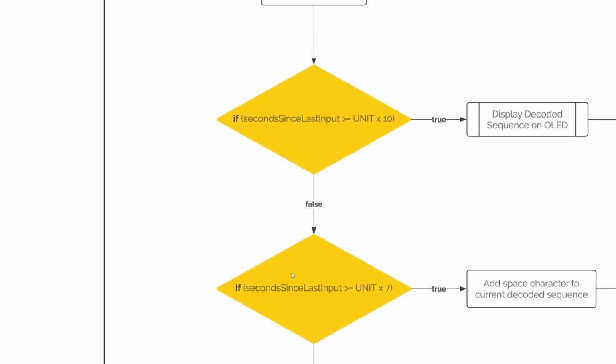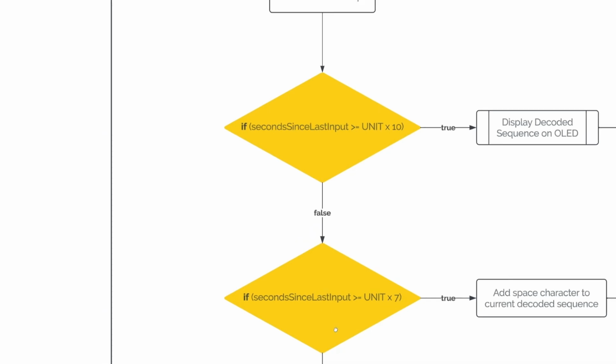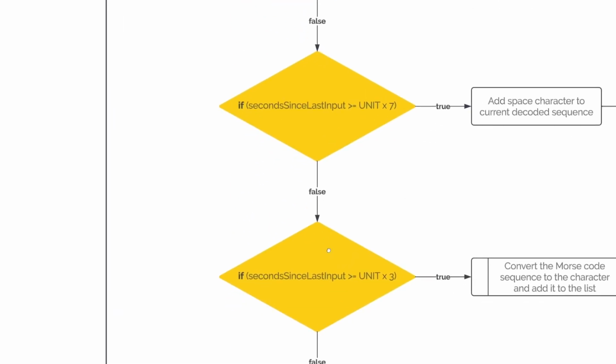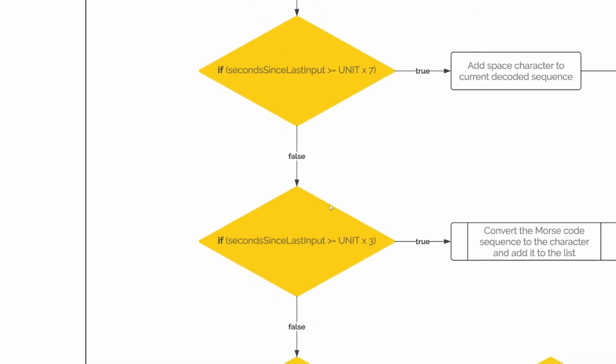If the seconds since the last input was 7, that means that's the end of the word, so we add a space to the current decoded sequence. If not, if the seconds since the last input was 3 units, then that means it's the end of the letter. So we translate the current Morse code sequence to the character, and then we add it to the list.